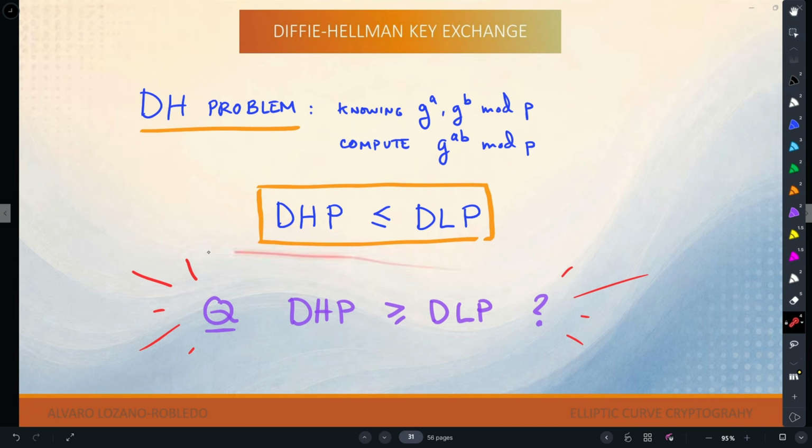However, it is not known whether the Diffie-Hellman problem is strictly weaker than the DLP. In other words, is there a back door to compute this out of these two numbers without having to crack the DLP? That's an interesting open question.